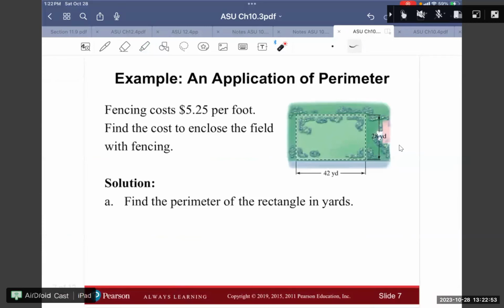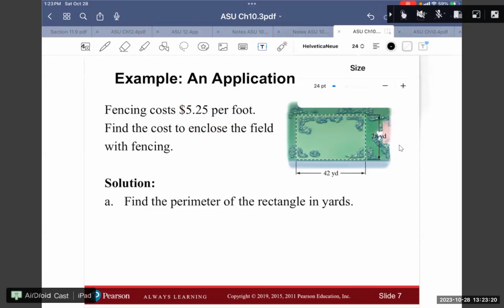So, for example, the fence costs $5.25 per foot, and we want the cost of enclosing the yard with this fence. You see the length is 42 yards and the width is 28 yards. So we have to find the perimeter of the rectangular yard. What do we do? We have a formula for that.